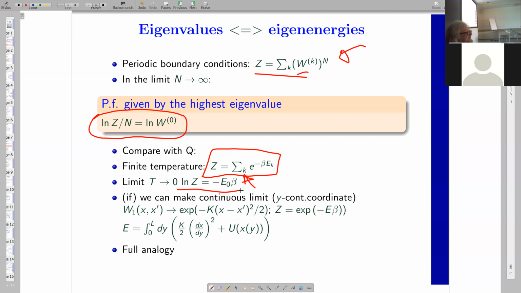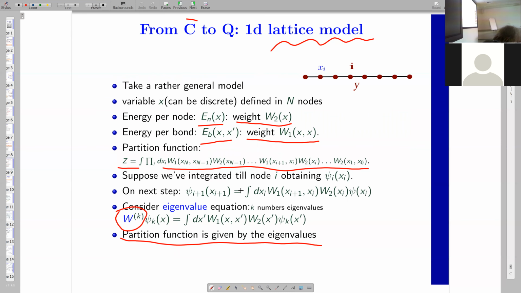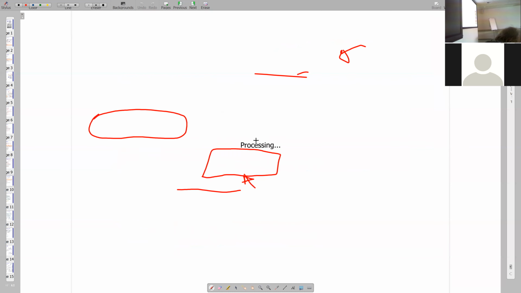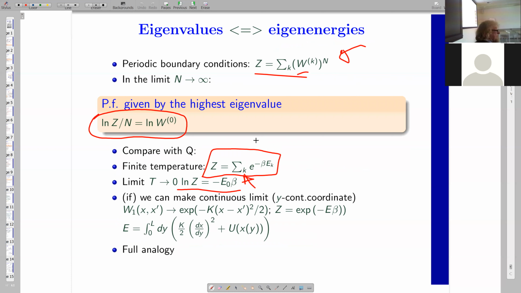Right. Now suppose we can make the continuous limit. Let me remind you what that was in this weight. We can present it like this. Remember, it's a gradient term. It just tries to make the variable smooth with respect to i.